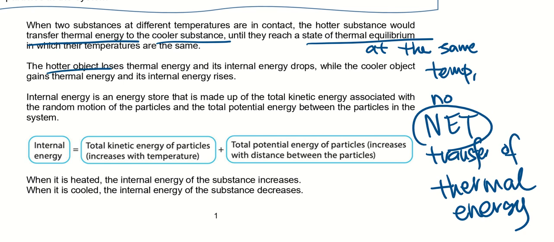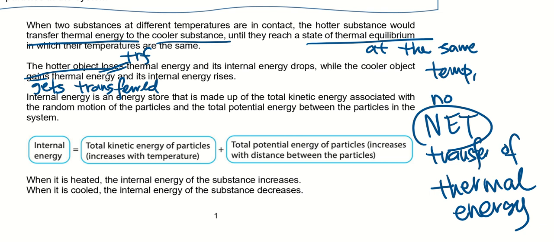So the hotter object will transfer thermal energy, and therefore its internal energy will drop. While the cooler object gets thermal energy transferred to it. Sorry, my grammar is very bad, but you all understand this, right?